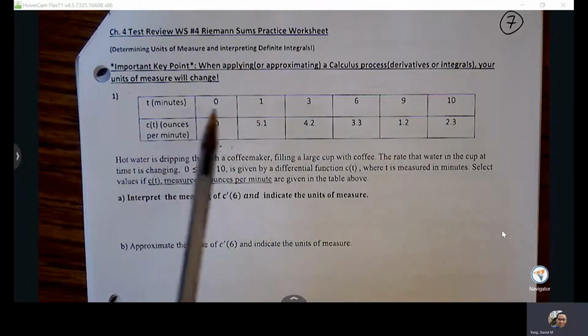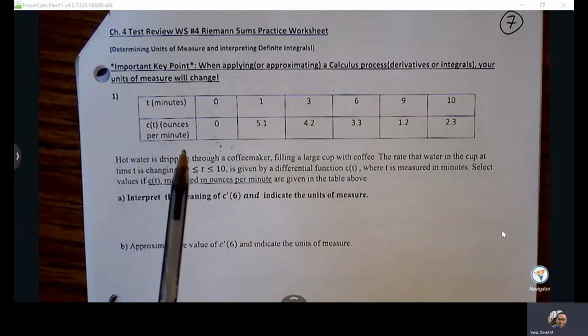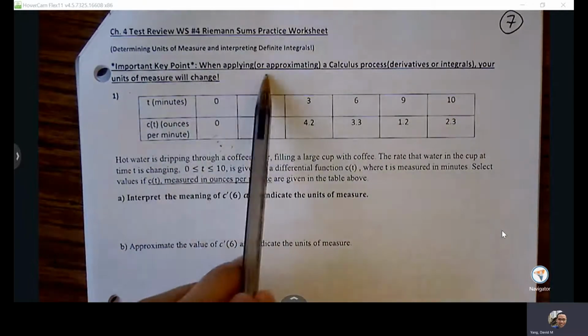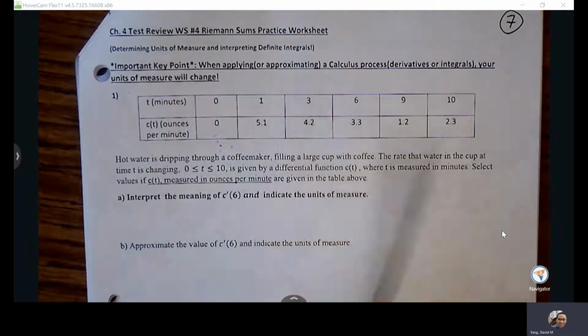And if you take the antiderivative, then your denominator units will be stripped away. Even if it's approximating, that process is still going to happen. Your units will always change if you force something into a derivative process or into an integral process.